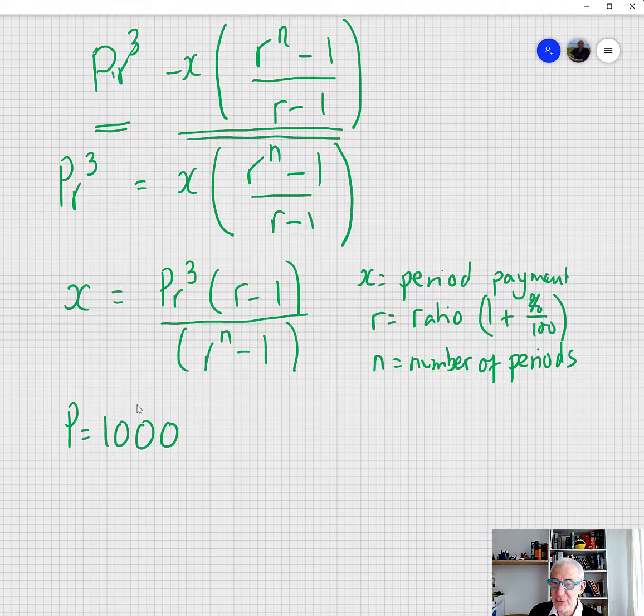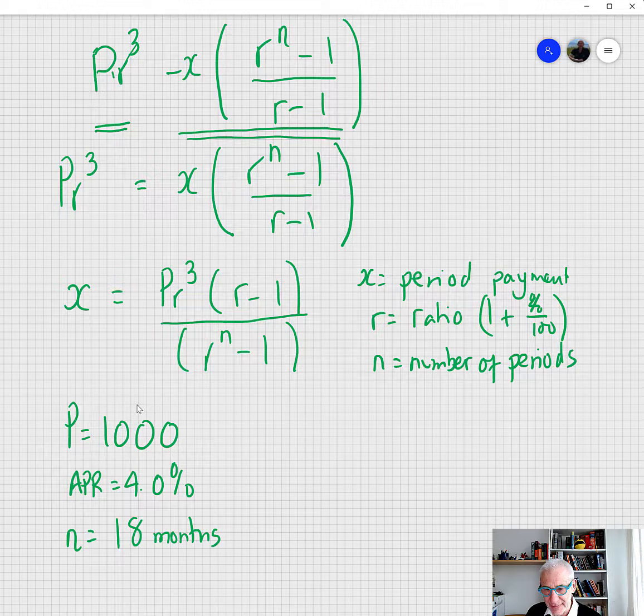We agreed that the yearly rate was going to be equal to 4%. So the APR, we're going to come back to that, equals 4%. And the number of periods we agreed was going to be over 18 months, because he feels he can pay it off over that amount of time.